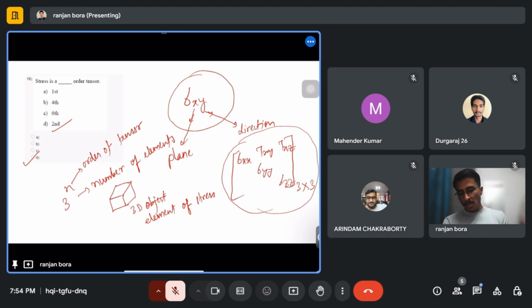So for stress it is second order, so n will be 2, so 3 squared will be 9. That's why we need these 9 components. Is it clear?